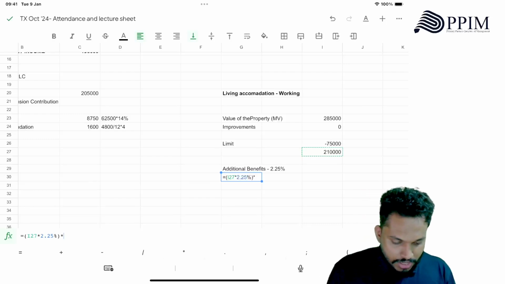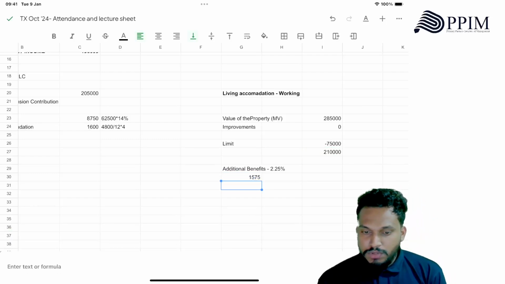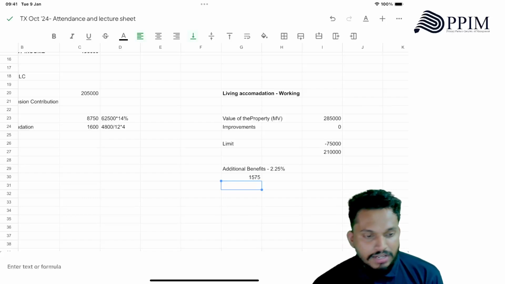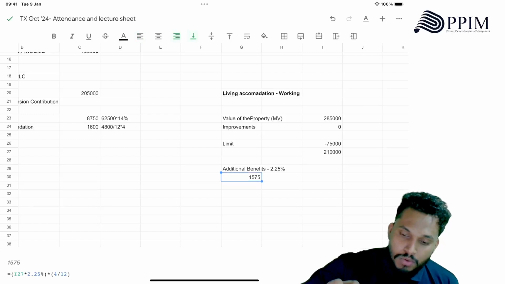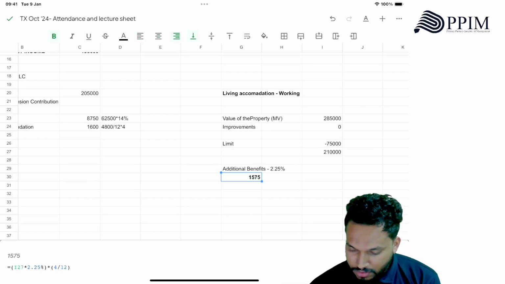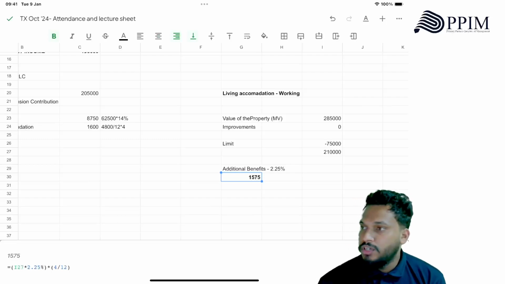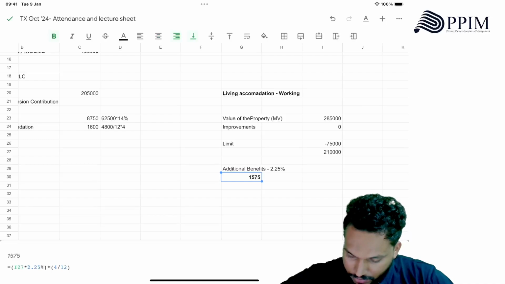Yeah, you need to take 4 months, so divided by 12. So which means 1,575 is the additional benefit that you receive, or that is the amount that needs to be taxed. Between that and the annual value, exactly, you need to take the lowest.